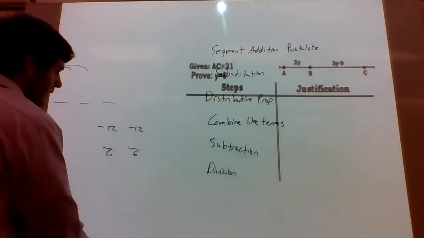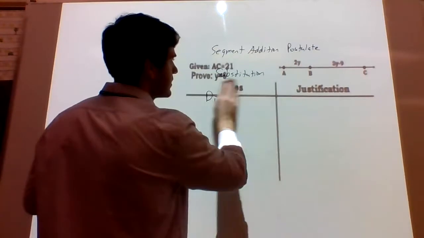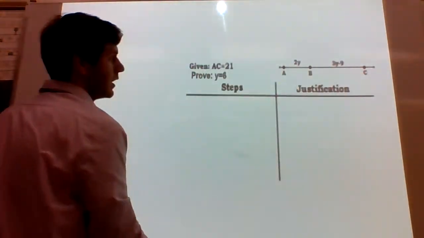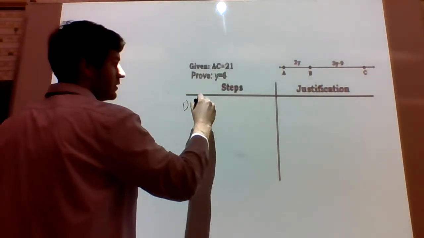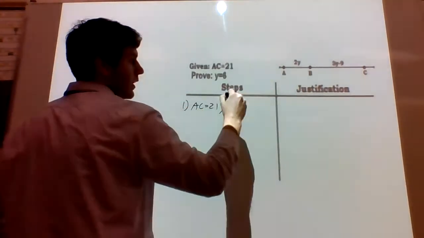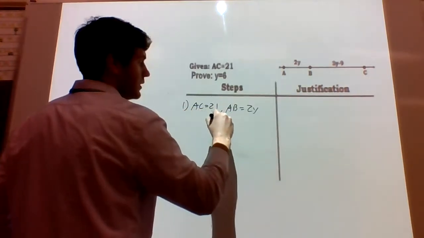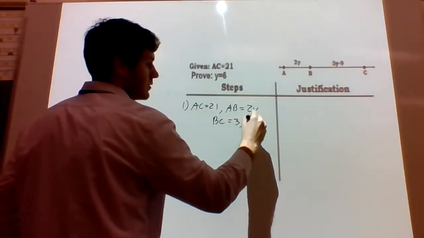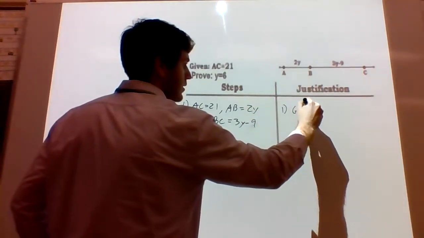So here, if we want to fill in the proof, it's going to be the same sort of idea. We're going to start with our givens. So we know AC is 21. We know AB is 2y. And we know BC is 3y minus 9. And that is given.